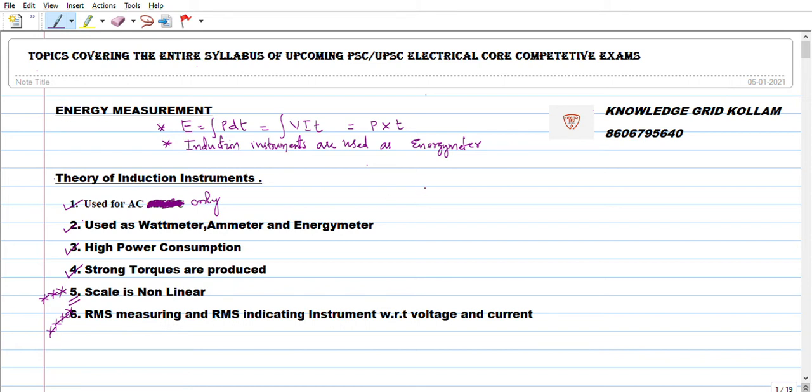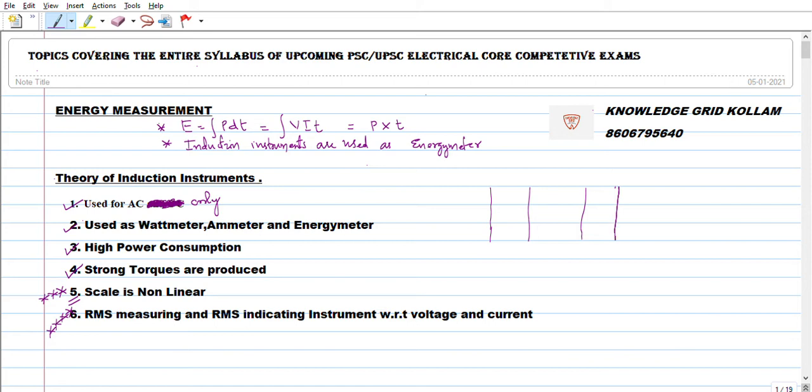Now a general working principle of induction type instruments, how the torques are developed. As an example, I am considering two magnets. This is magnet number 1 and this is magnet number 2.